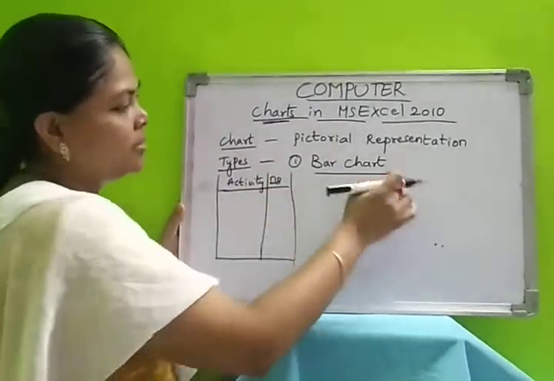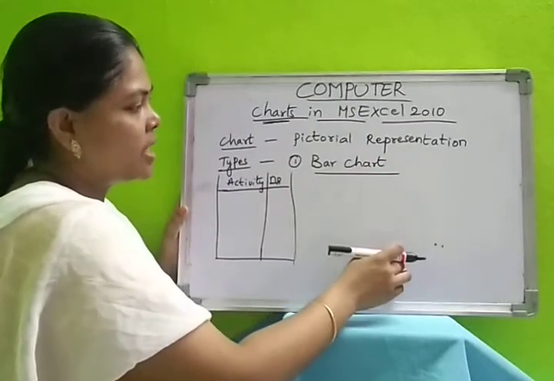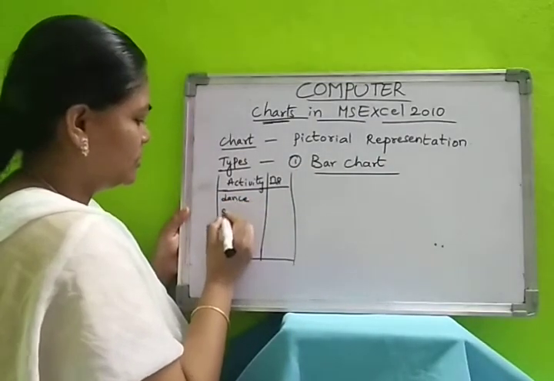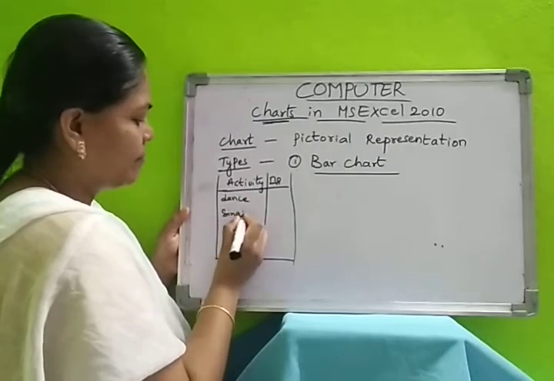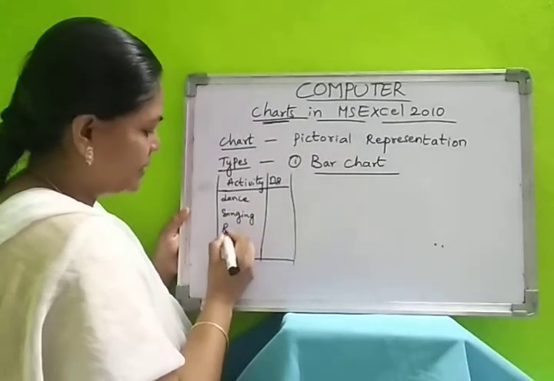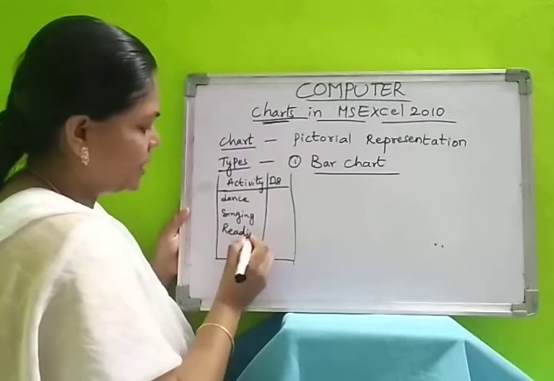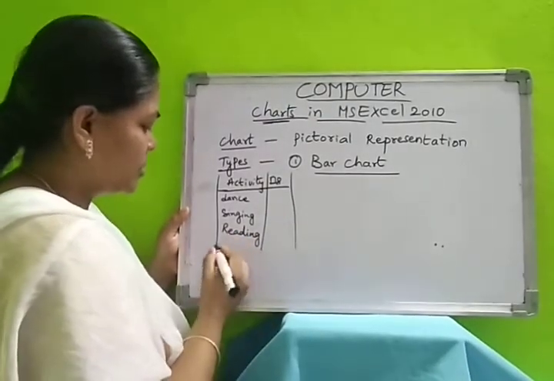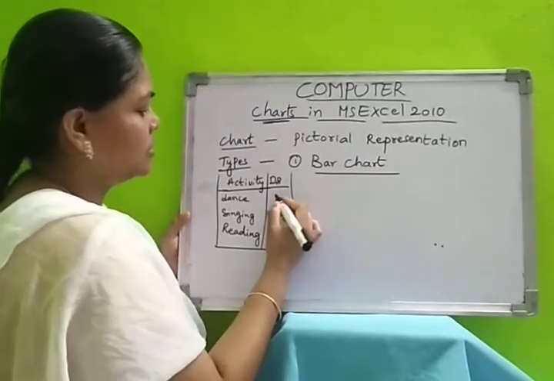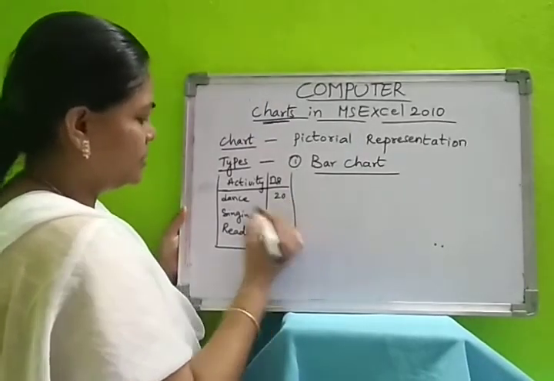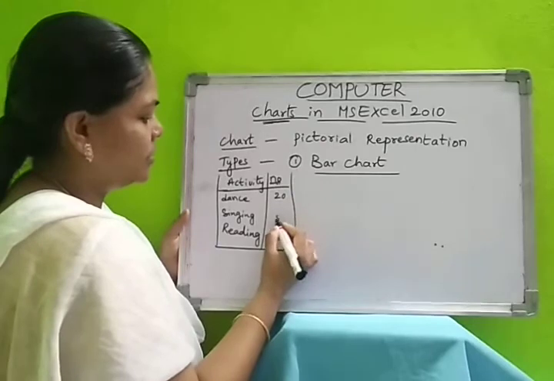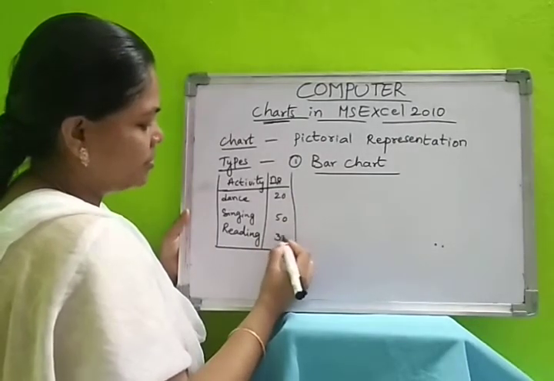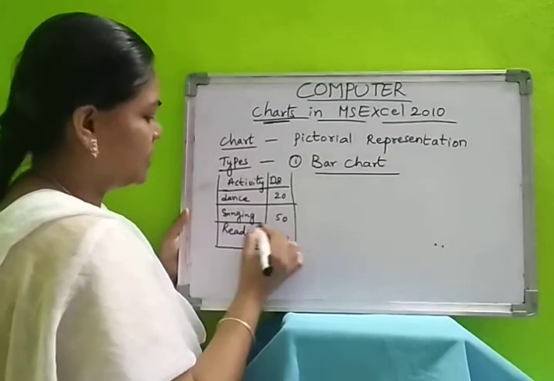For this table we will draw different charts. So activities: dance, singing, reading. We will take 3 records. Some 20 members will do dance, some 50 members singing, and some for reading. Like this we will take one table.